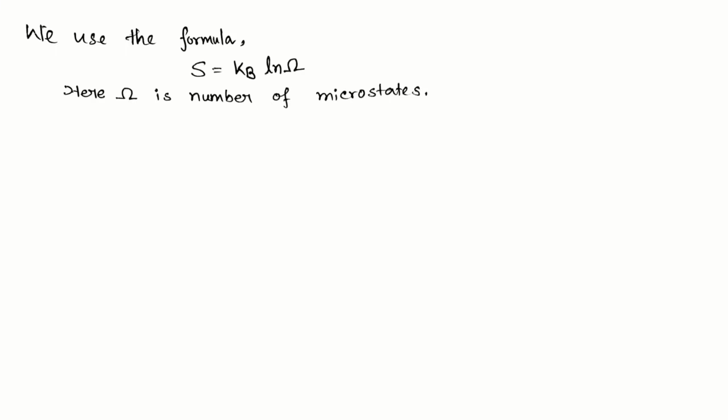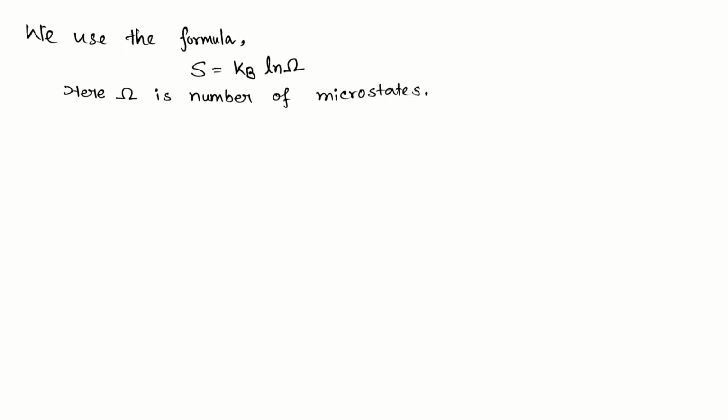At that temperature everything freezes, so this is the only one microscopic configuration that is possible. So we are taking that at 0 Kelvin, absolute zero temperature, entropy is 0. So actually we are measuring here also the change in entropy, not the absolute entropy. We are taking at T equal to 0, S is 0. That's why we say that this is the absolute entropy, but it is not actually.